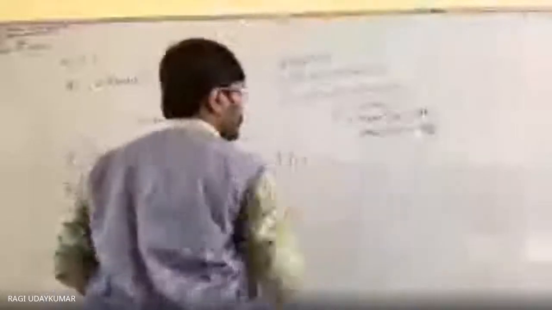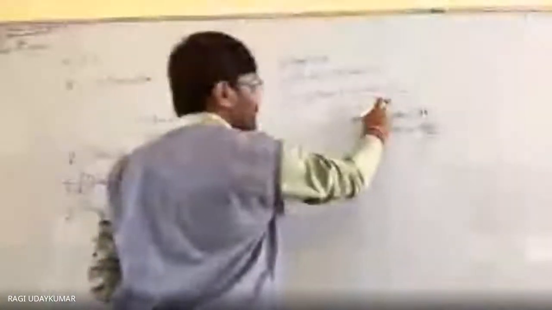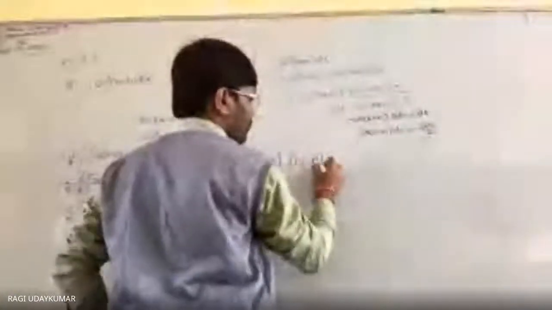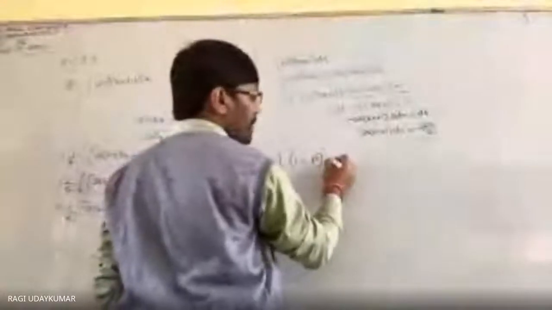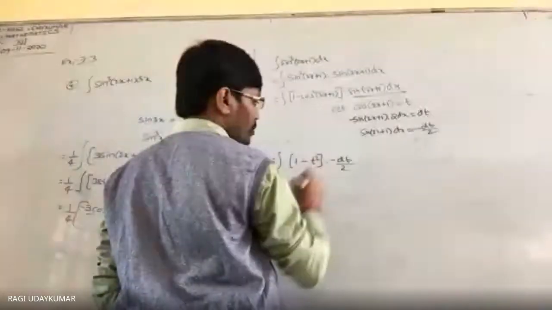So we need sin 2x plus 1 dx is equal to minus dt by 2. Substitute कर, which is equal to integration of 1 minus t square into minus dt by 2.